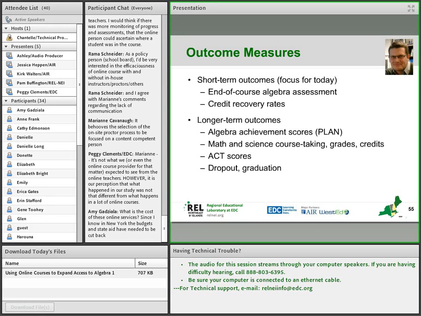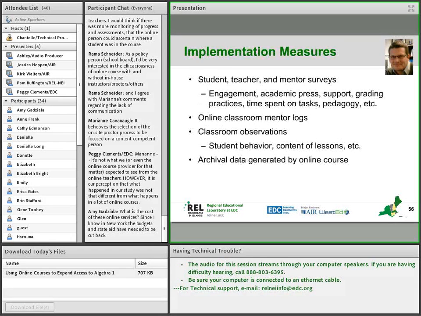In terms of the outcome measures, the short-term outcomes, we're just going to talk about this end-of-course assessment and their credit recovery rates. The longer-term outcomes, which are not the focus of the day, are algebra achievement scores, the PLAN, ACT, course taking, credits and grades, and dropout and graduation. So you'll have to come back in a few years, or we'll have to come back in a few years, to talk about those.